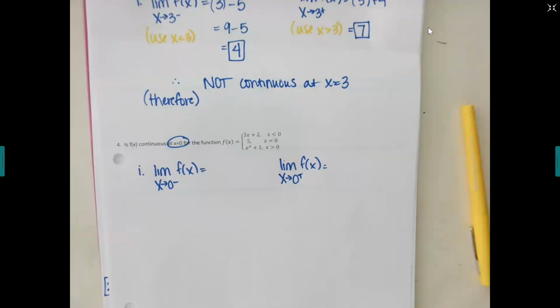So it'd be 3 times 0 plus 2. They should come out to match. Okay, remember, e to the 0 is what? 1. Yes.